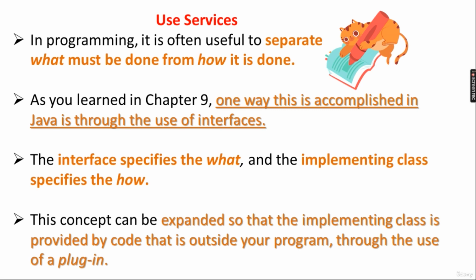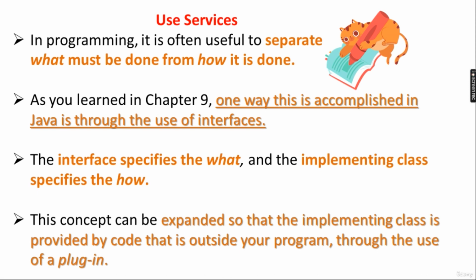In programming, it is often useful to separate what must be done from how it is done. One way this is accomplished is through the use of interfaces. Interfaces will have only the declaration, what is to be done, and not the definition, not how it is to be done.